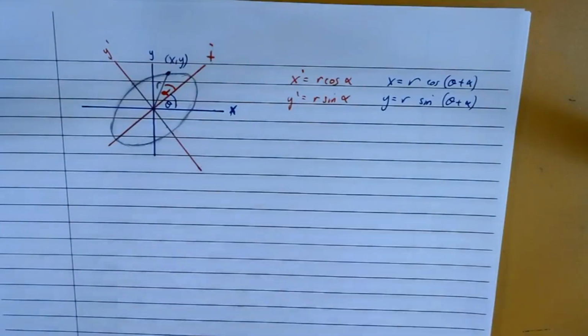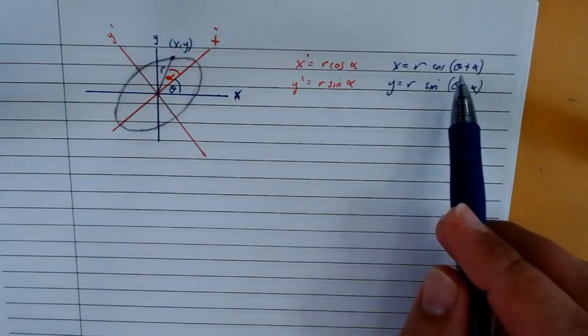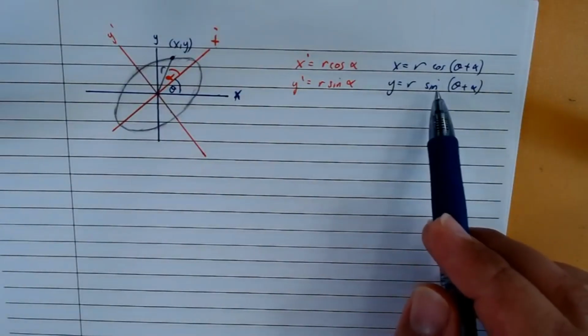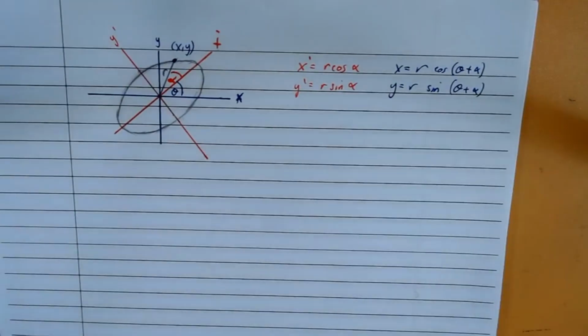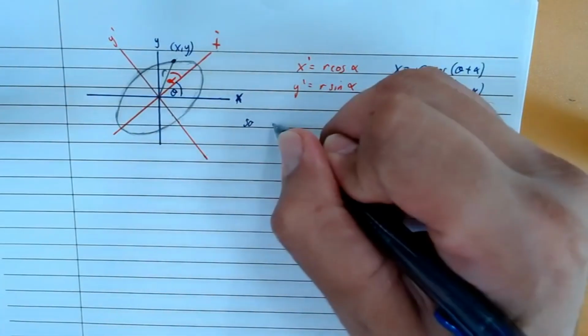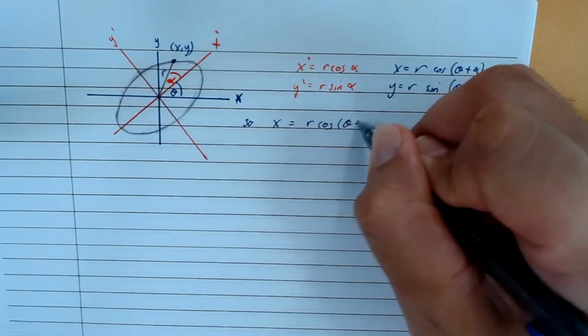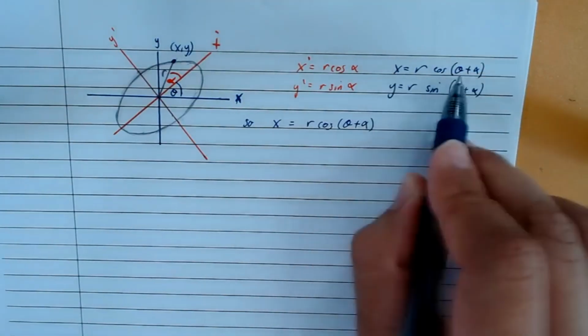But so here's the thing. Since these are expressed as the sum of angles within a sine or a cosine, we know how to handle that. We have sum and difference formulas for sine and cosine. So using this first one, we can say, so x is equal to r cosine of theta plus alpha. I've just rewritten that first line.